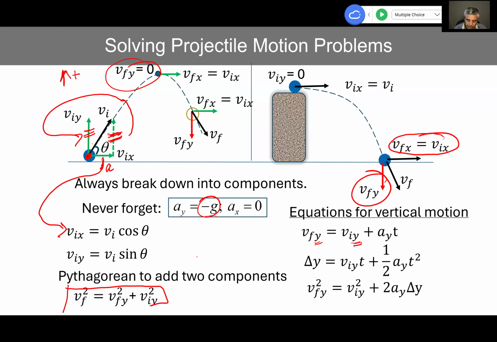And similarly, you can also find displacement using the Pythagorean theorem for the displacement in the x direction and y direction, right? That vector addition method we talked about at the very beginning of this class. So those are the mathematical techniques you need: components, how to add components to find the total or final result. And then also, of course, you need to keep remembering how to use kinematic equations, okay?